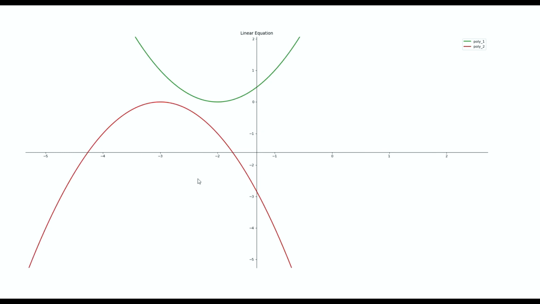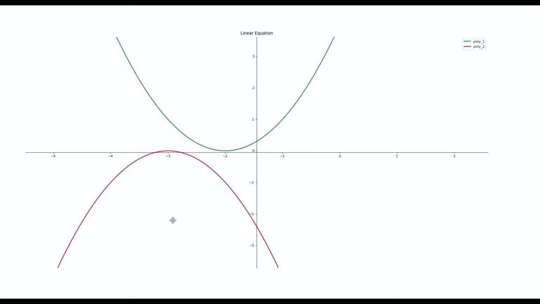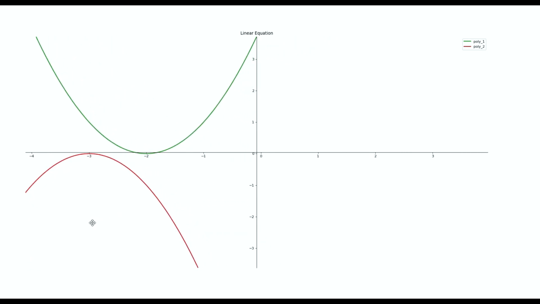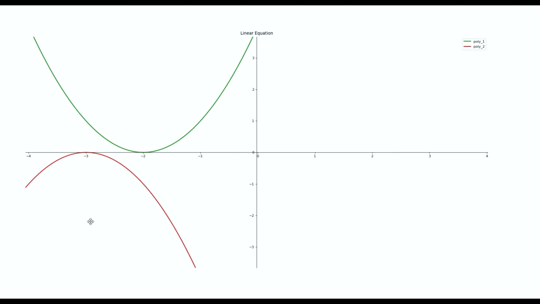Let me rearrange them. So it's crossing the x-axis.